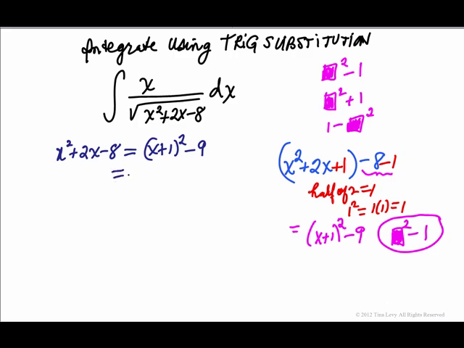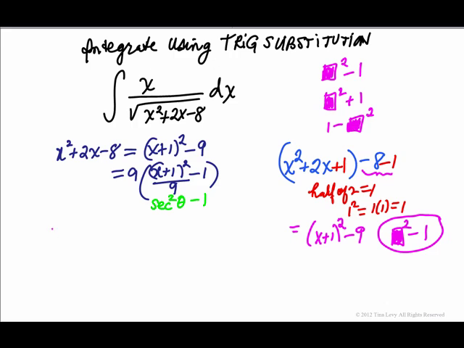So that becomes 9 times x plus 1 squared divided by 9, minus 1. So this is the setup right away where this can be written as secant squared theta minus 1, which is what we're going to do in the substitution.